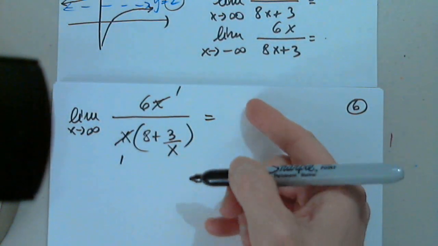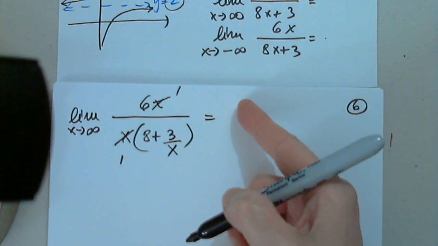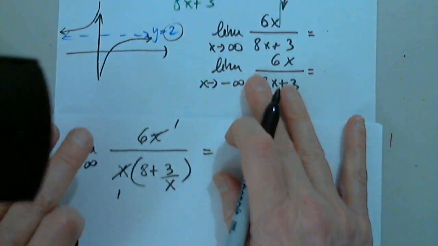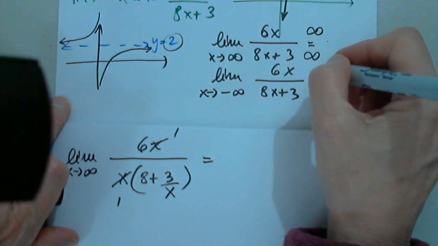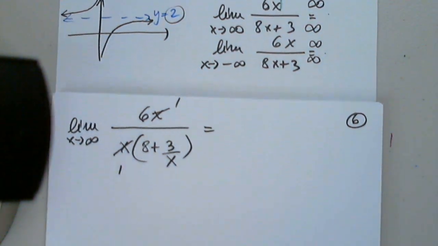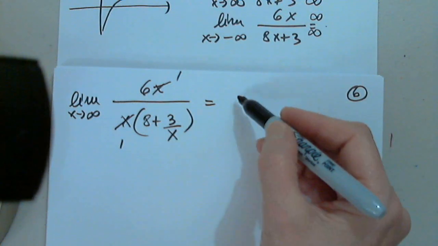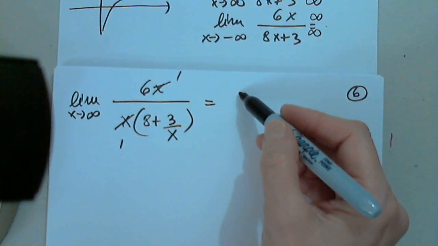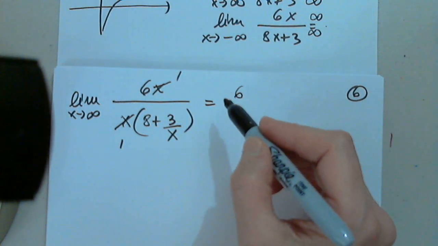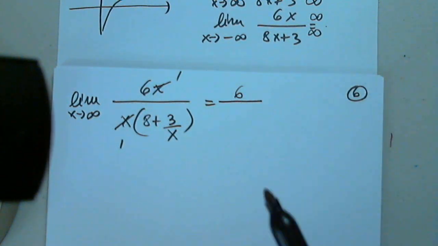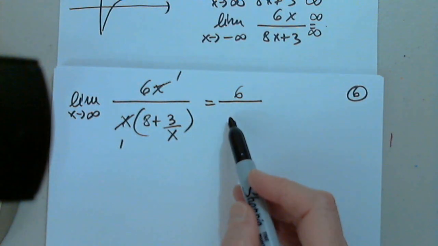Where does the numerator go? So remember, we did this because this is infinity over infinity, right? And we don't know what that means. So the numerator goes to 6, and the denominator goes to 8.